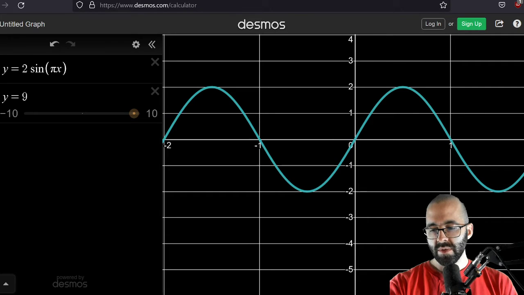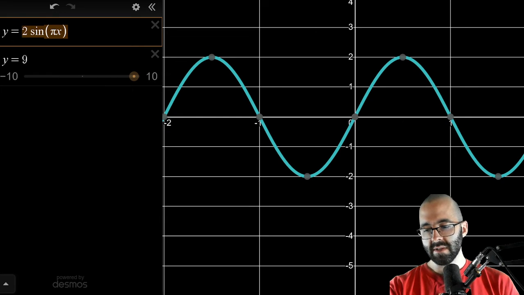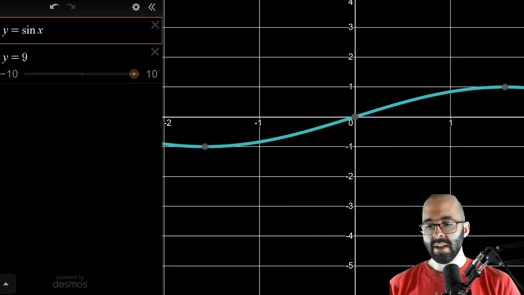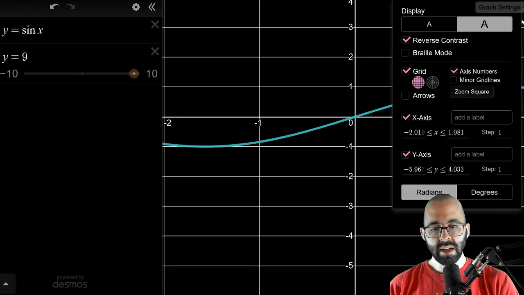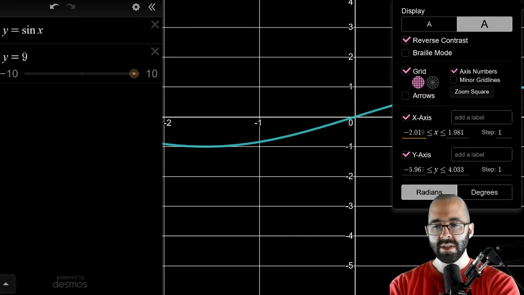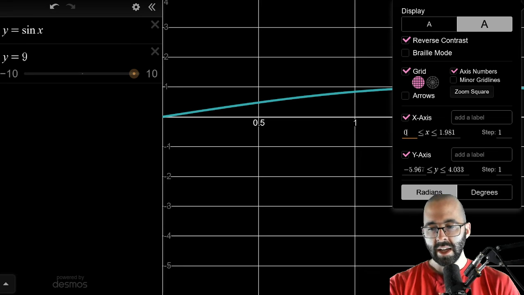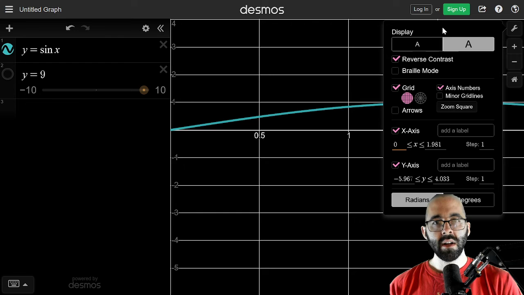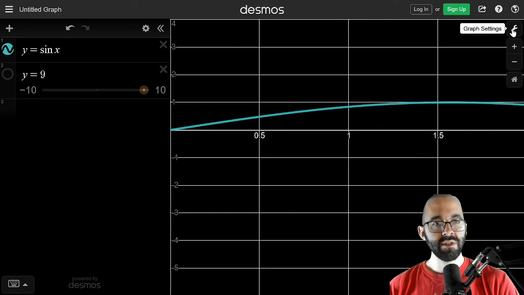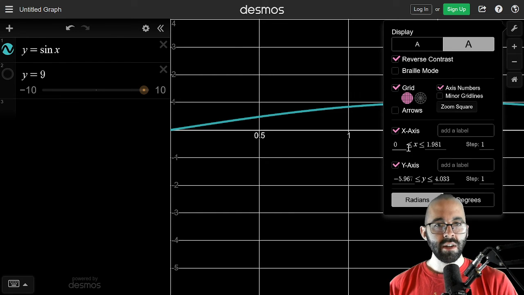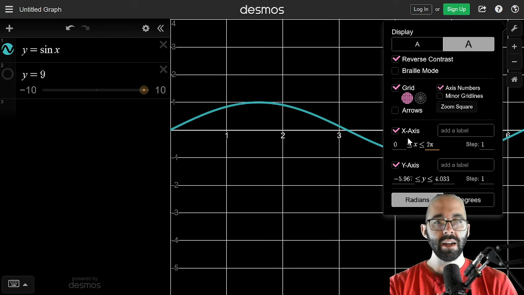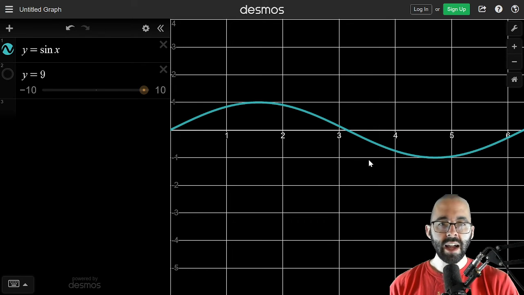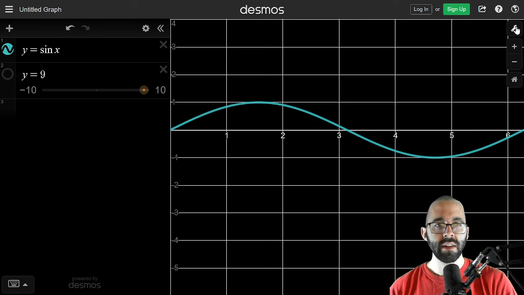But if you graph it, you just graph sine of x and say, okay, we only care about the interval from 0. And again, look at what I'm doing here. Click on this graph settings, this wrench, 0. We only care about 0 to 2 pi. And it's asking, where is the minimum?